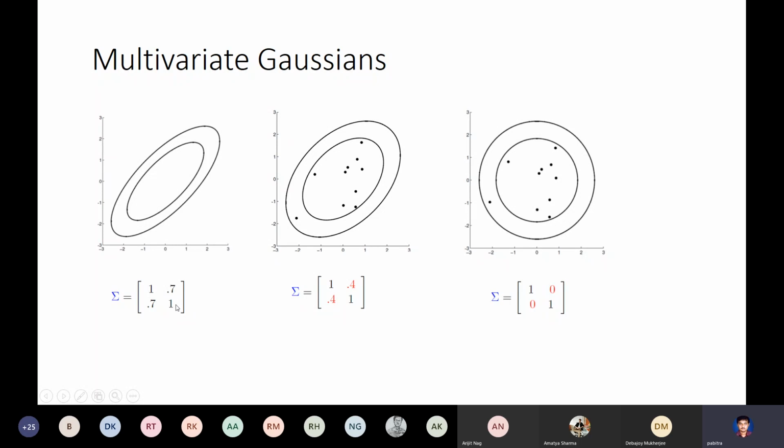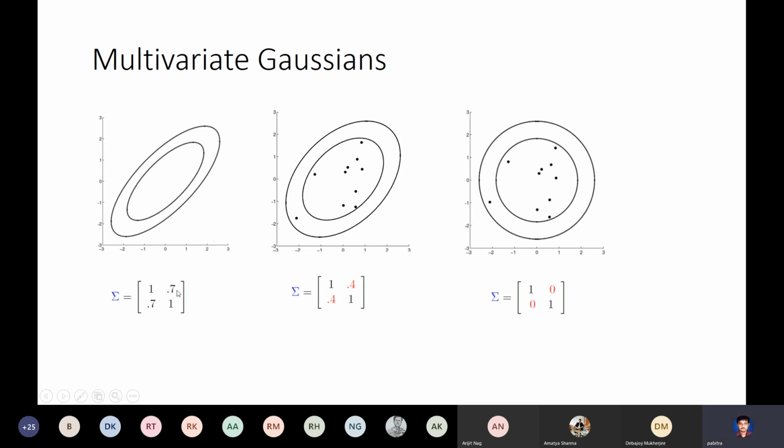Suppose I have two variables, say y1, y2, so the covariance matrix sigma will be a 2 by 2 matrix. The diagonal of the matrix are the variance terms. So if you have y1, y2, it is the variance of y1, the first term, and the variance of y2, the second diagonal term.